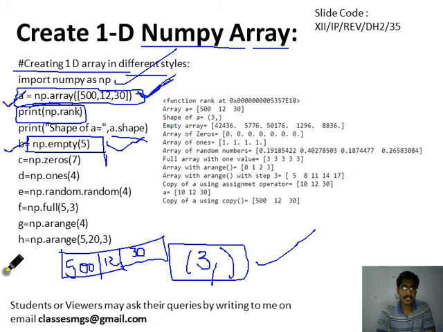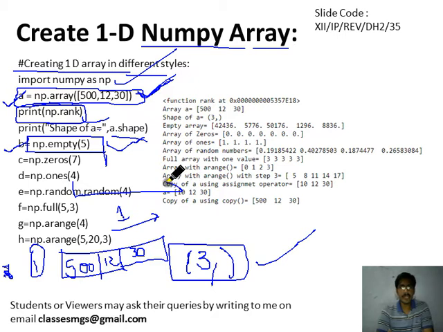We will say it is a rank 1 array, because the rank is the number of axes in the numpy array. In a one dimensional array there is always one axis, so the rank of this numpy array will be 1. Okay, keep this in mind. And the shape of this numpy array, since there are 3 elements, we will denote as 3 comma blank.